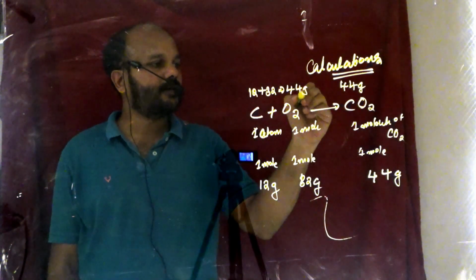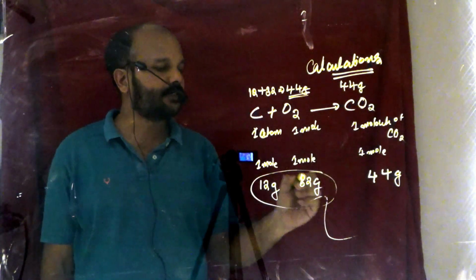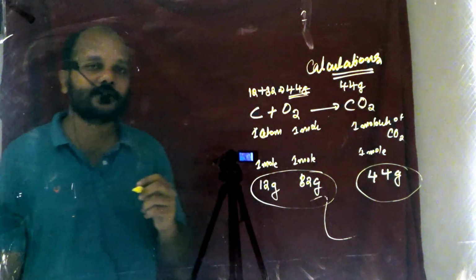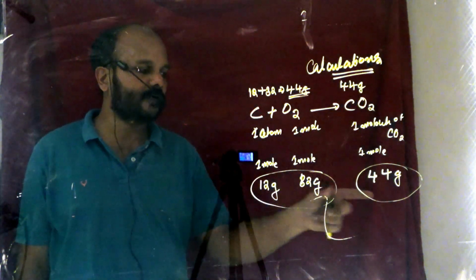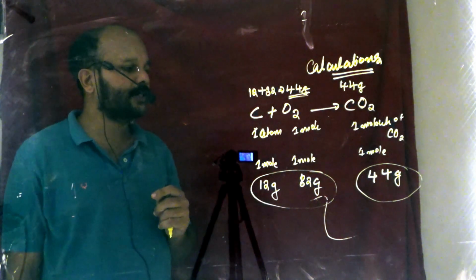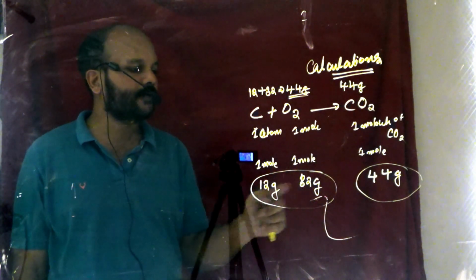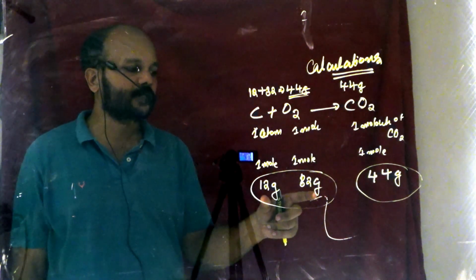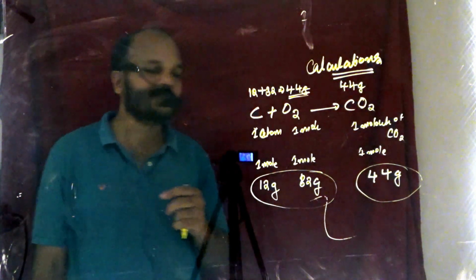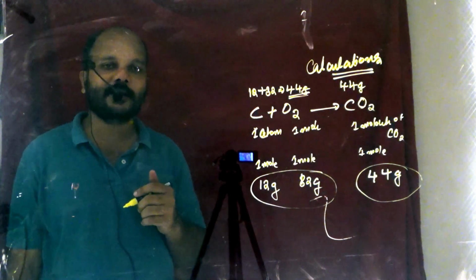So the mass on the reactant side is the same as the mass of the product that forms. 44 gram of carbon dioxide is the mass of carbon and oxygen together, so the amount of carbon dioxide formed is 44 gram. This is something you can understand in reality.